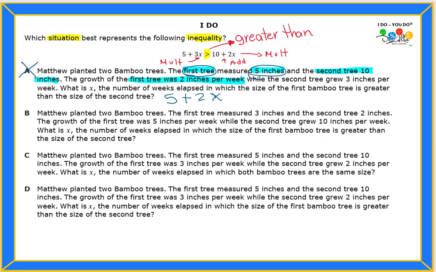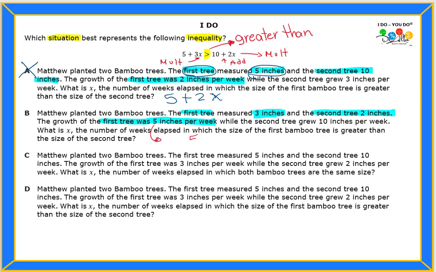Let's go to letter B. So it says, Matthew planted the same thing, 2 bamboo trees. The first tree, right there, measured 3 inches, and the second one 2 inches. Is that right? And then it says the growth for the first one was 5 inches per week. So what does it mean by 5 inches per week?